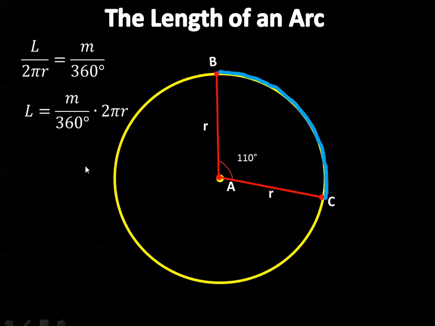Let me write this down because this is an important question that you might be asked on a quiz or a test. What you need to know to find the length of an arc: you're going to need the circumference, and remember that is C equals 2 pi r.